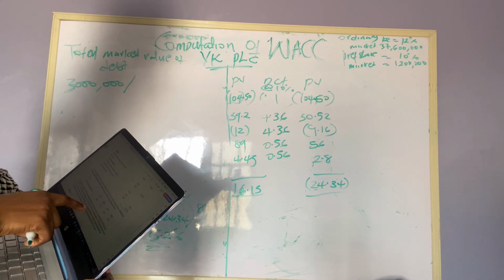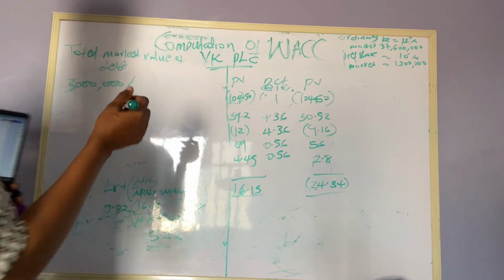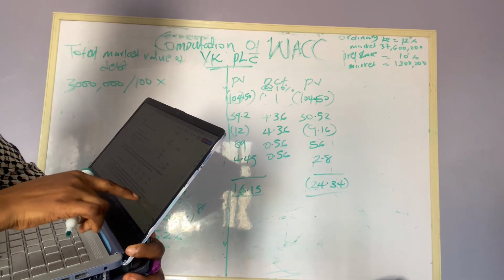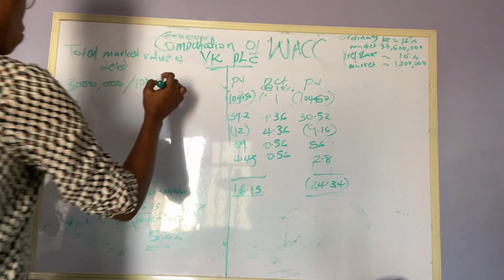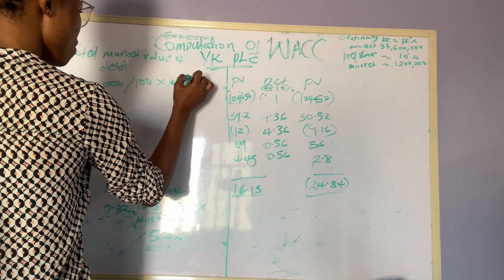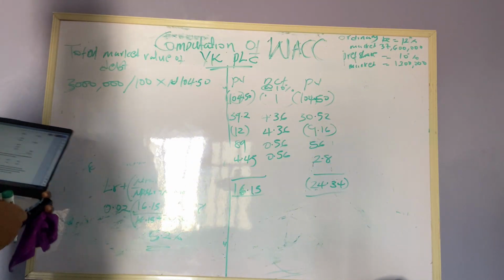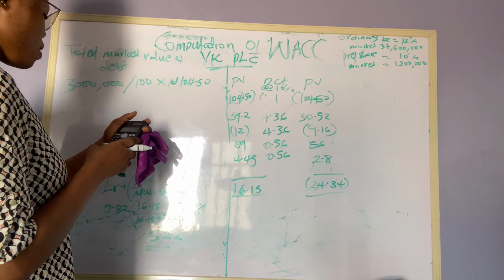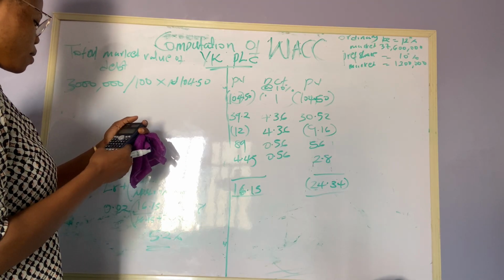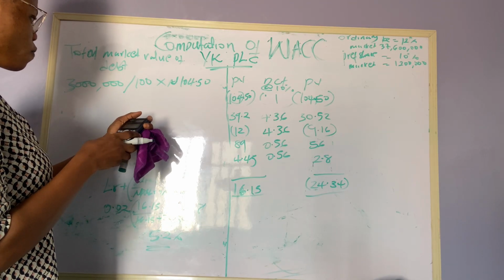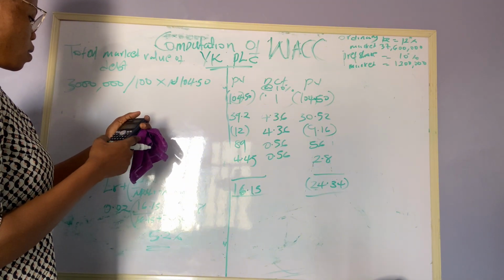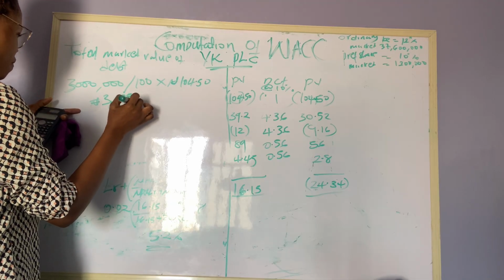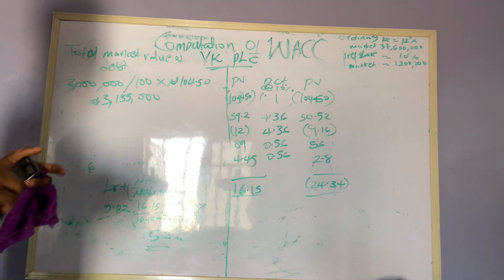Go back to your question: premium to their nominal value of 100 per bond, times the market value of 104.50. So 3 million divided by 100 is 30,000, times 104.50. We have our total market value as 3,135,000.